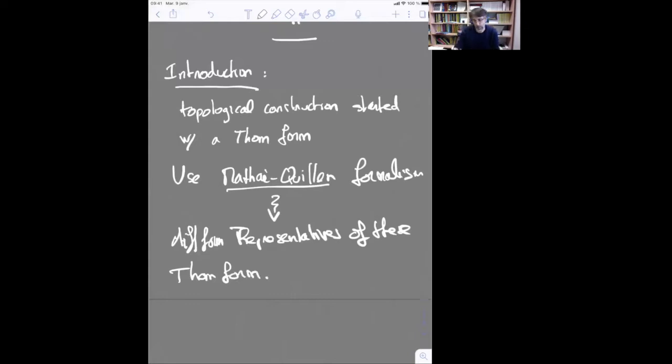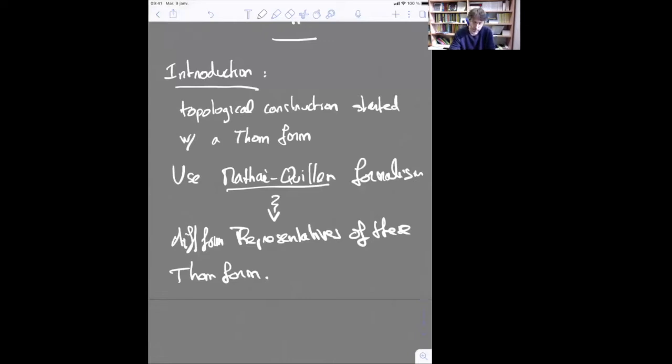And using this formalism, it will be easy to transgress this Thom form, meaning to find a representative and therefore a lift in the long exact sequence, as I discussed in the topological setting.